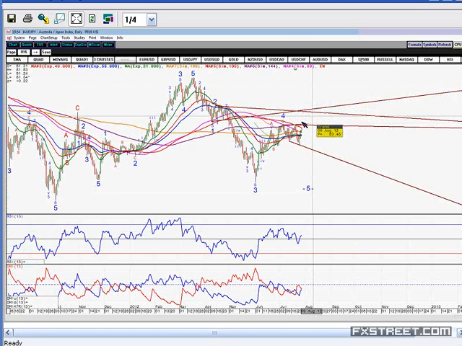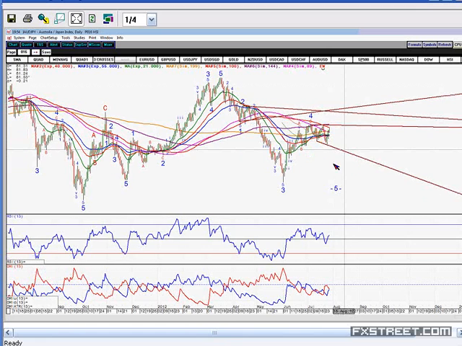So basically, once it breaks, it should test this congestion high. Then only would we know. But overall, we wouldn't know until it clears out of this congestion.